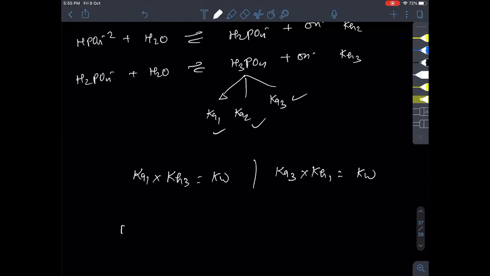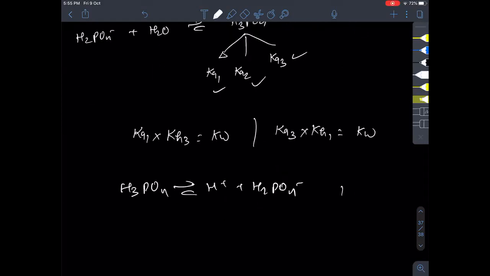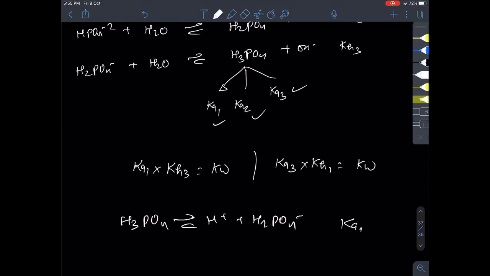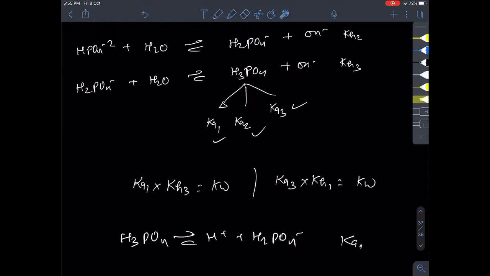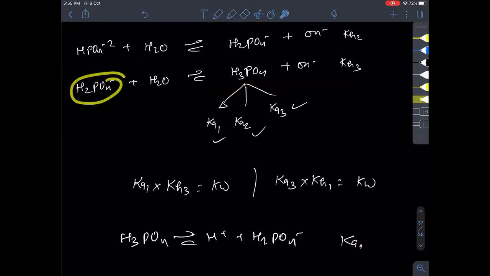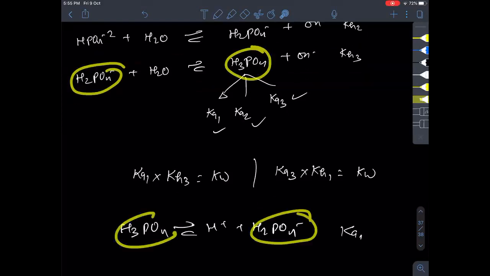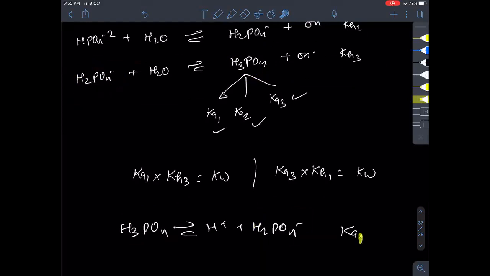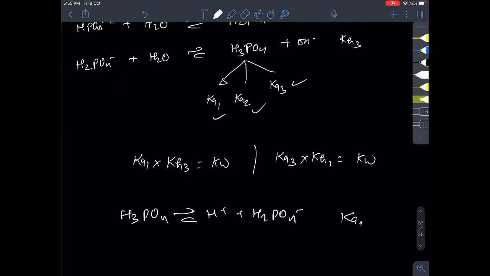See, Ka1 means a reaction showing the first step dissociation, right? H3PO4 giving H plus plus H2PO4 minus. This is Ka1. And what was KH3? KH3 is the last step of hydrolysis, means these two ions, because these two ions are present here also. That's why I'm saying compare the first with the third. So if you write the hydrolysis of H2PO4 minus, the last step, what are you going to get?